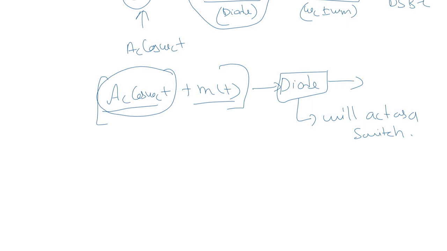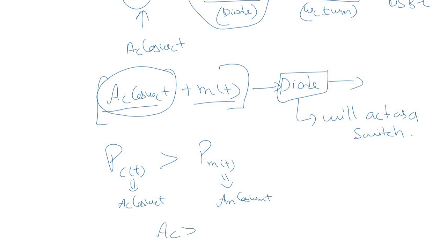The reason is quite intuitive, because the power of the carrier is more as compared to the power of the message signal. The carrier is Ac cos omega ct, and the message, let's say, is Am cos omega mt, right? Ac is always greater than or equal to Am for proper amplitude modulation.